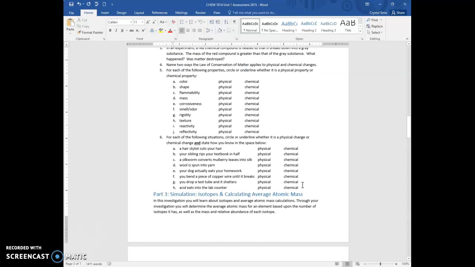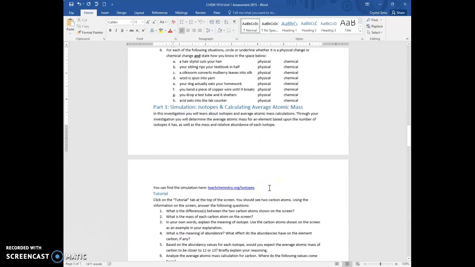And then in number 6, you're going to determine if it's a chemical change or a physical change and state how you know. So make sure you do both parts of that. You'll only get half credit if you just circle or underline physical or chemical.